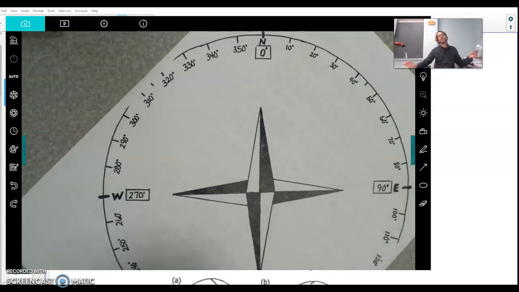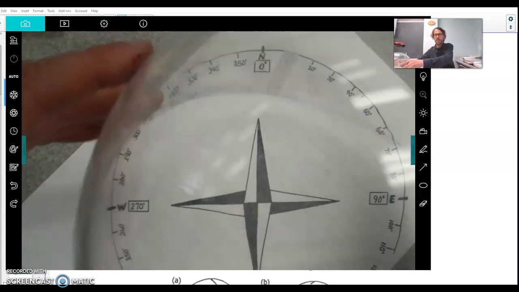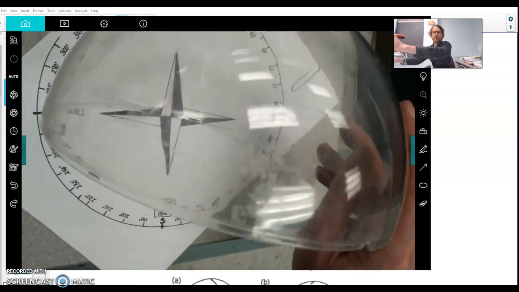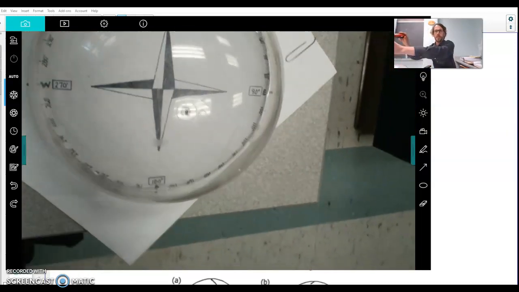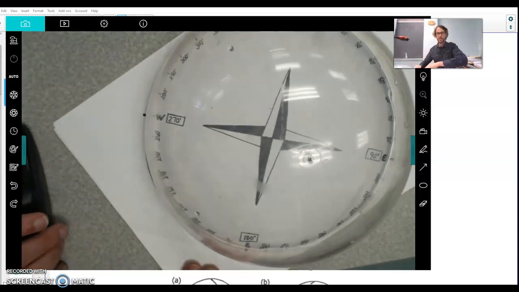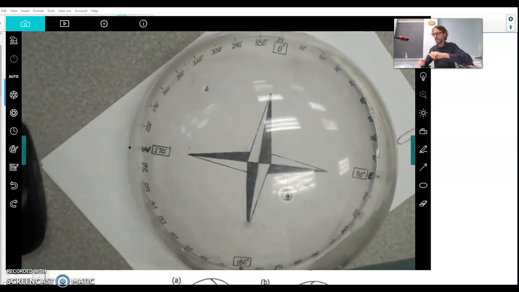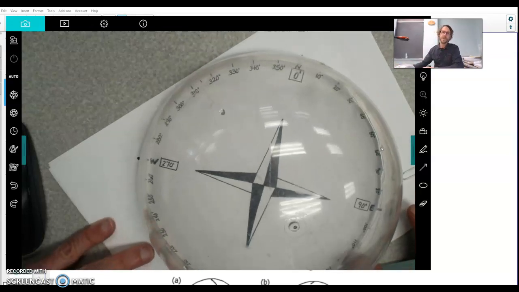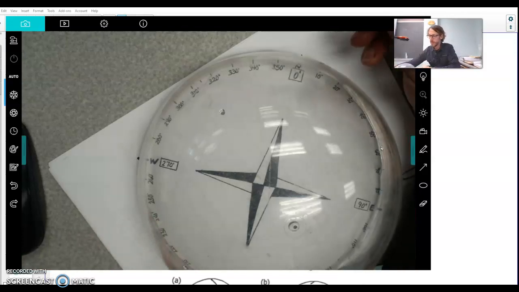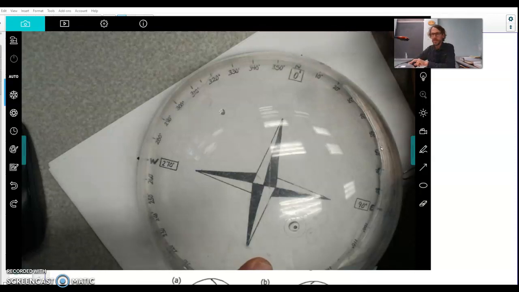Now, the altitude comes into play once I need to figure out how high above the horizon I need to go. For that, we use something like this. This thing here, if you can't see it, is a plastic sphere. I'm going to set this down right on top of it. It's like an upside down bowl. Let's say I needed to find something that was 340 degrees on the azimuth. That's right here. But it needed to be 80 degrees in the sky.